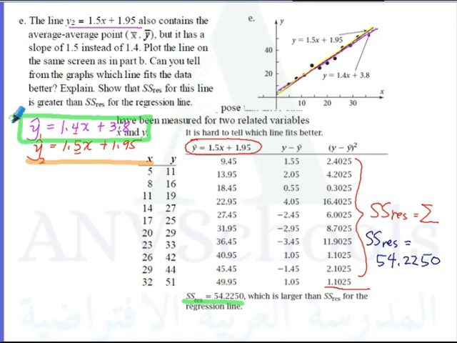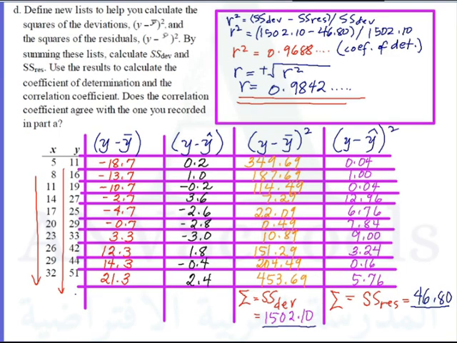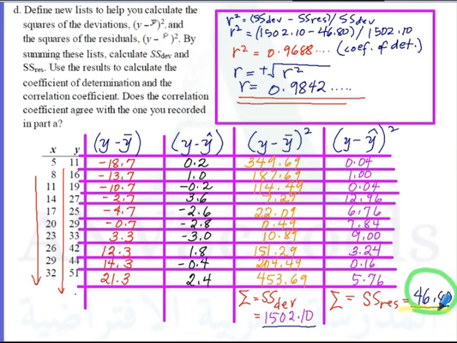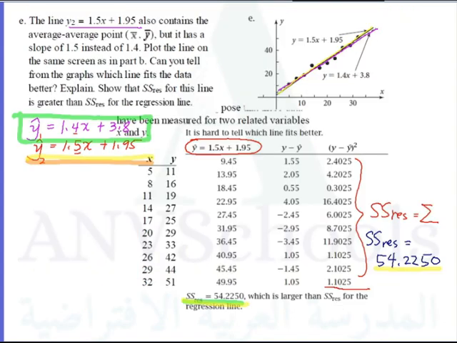The sum of the squares of the residuals of that is only 46.80, right? Whereas the sum of the squares of the residuals of this new line is 54.2250, which is much larger than this. Okay? So this is the solution for residual problem number 1. Thank you for watching.